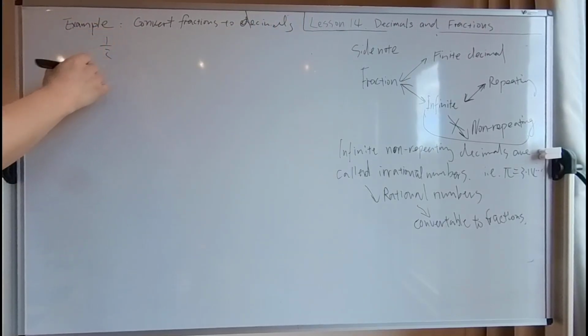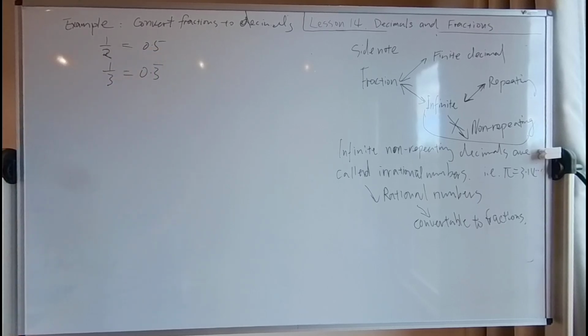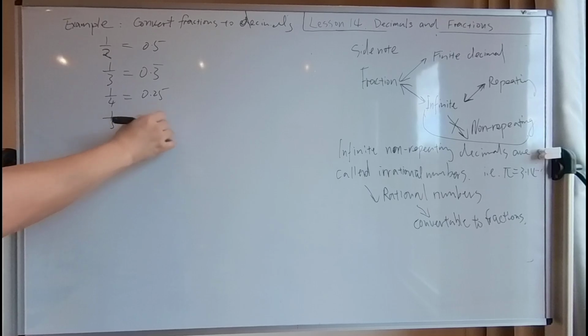We'll start from 1 over 2, because 1 over 1 is just 1, right? 1 over 2 is 0.5, right? 1 over 3, we just showed that it's 0.3 with a repeating digit. 1 over 4, you can do this by yourself or using a calculator, but 1 divided by 4 is 0.25. 1 over 5, similarly, is 0.2. You can do the division by yourself.